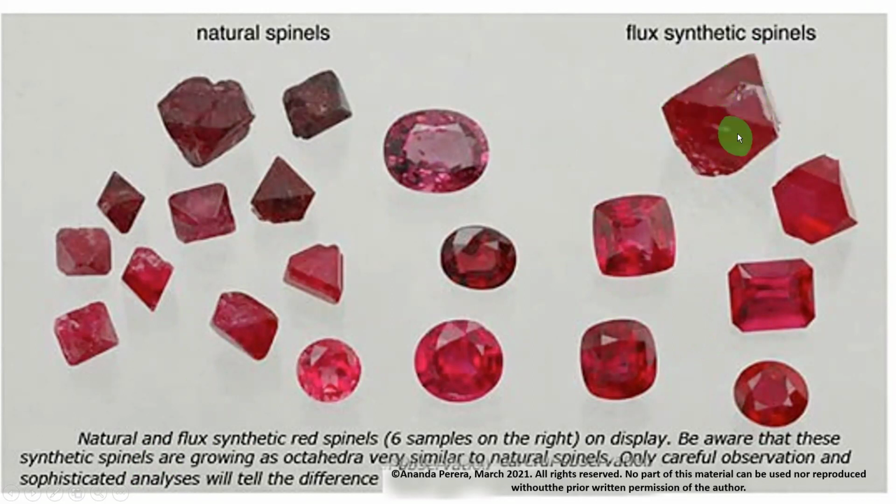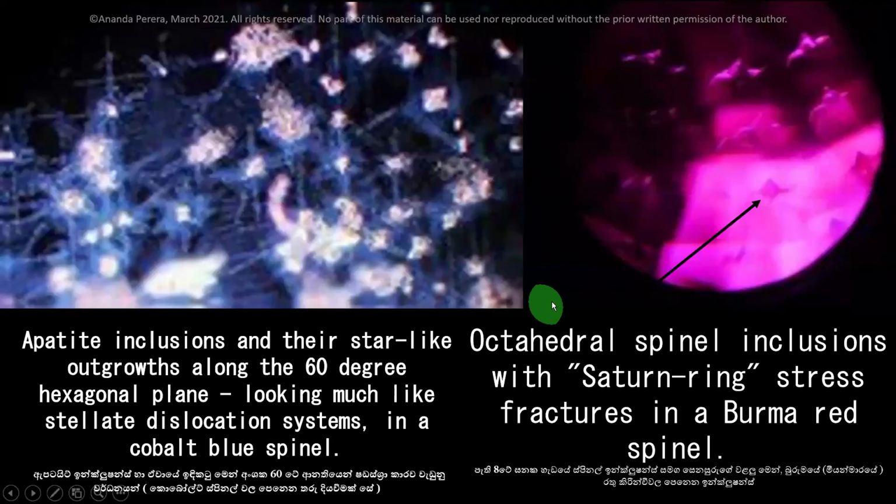Natural, with the natural crystal shape or after cut and polished. So be careful. Now I need to explain here. There are two images. Look at this one. These are apatite inclusions. Apatite is another mineral. Inside the spinel, there are apatite inclusions.